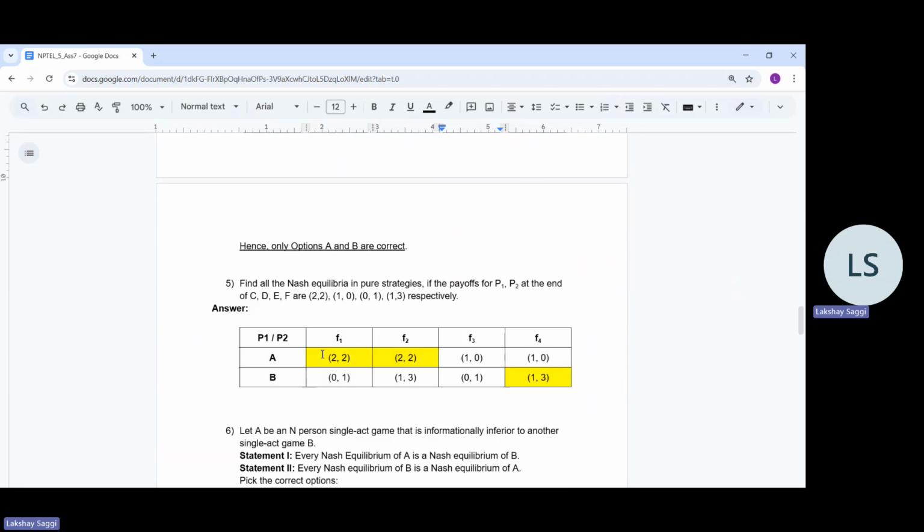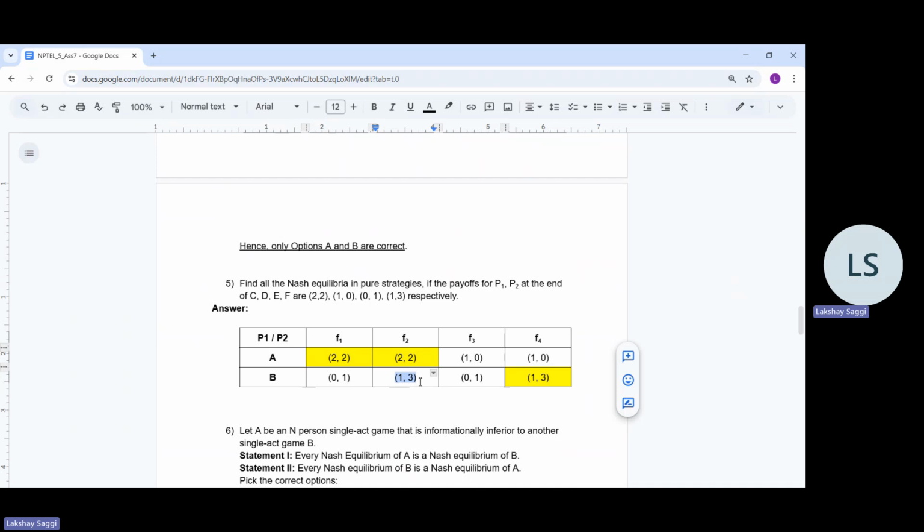But note that here in this question, it's a very interesting insight that if a Nash equilibrium corresponds to payoff 2 comma 2, then this 2 comma 2 is also a Nash equilibrium. But note that there exists a Nash equilibrium where the payoffs are 1 comma 3, but this 1 comma 3 is not a Nash equilibrium. It is a very small thing which I want to highlight here because this is something Manas kind of mentioned, and I want to highlight that characterizing Nash equilibria by the payoff you get is dangerous.